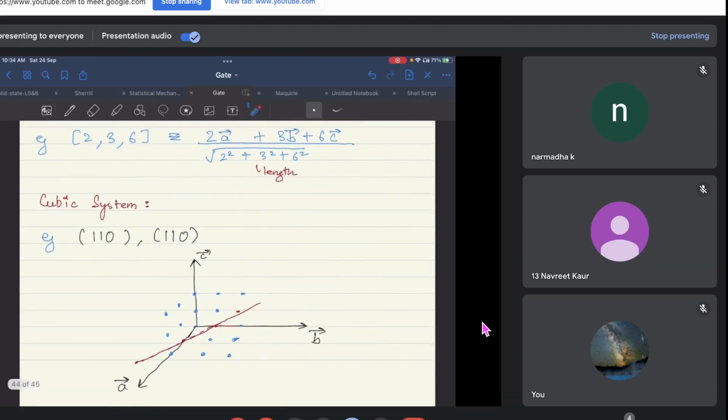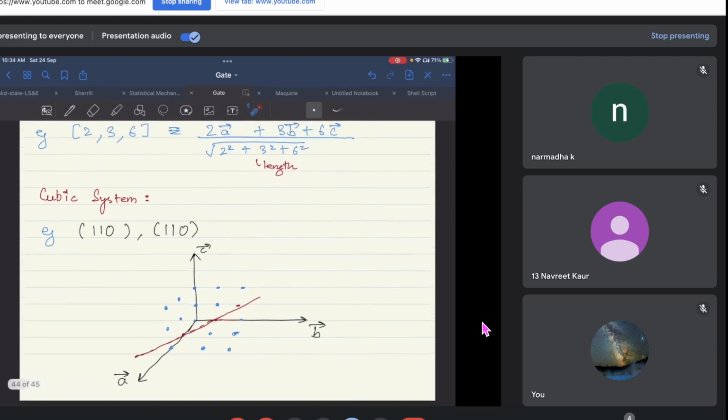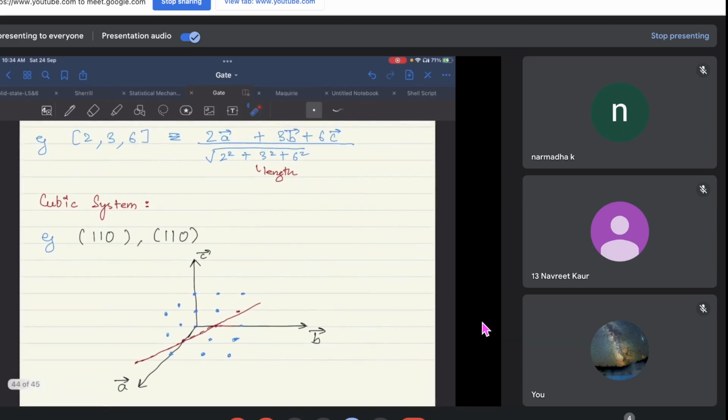Now coming to the cubic system. I have moved from a one dimensional lattice plane to a cubic system, which is 3D. Here we have the same type of arrangement, 3 axes A, B and C, and these are the lattice points in three dimensions. In our question we were asked about the distance between two successive planes.